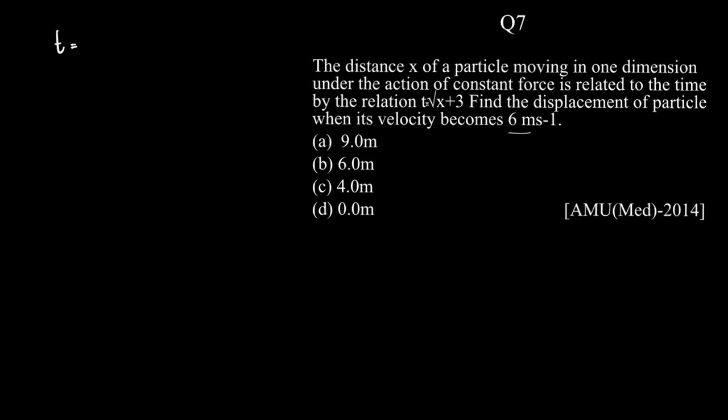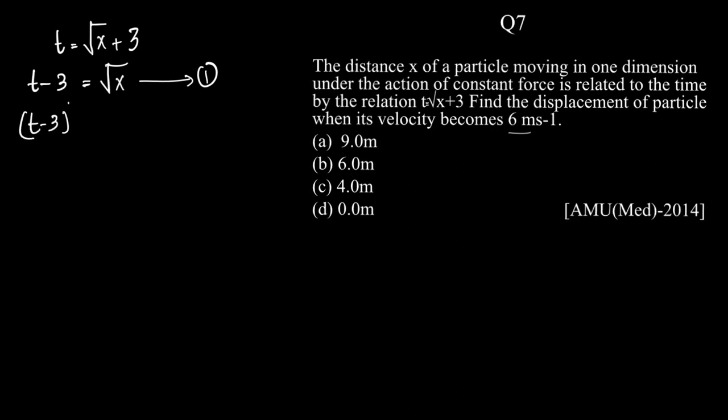T is given to be root of x plus 3, right? In which case, let me express this in terms of root x. So t minus 3 is equal to root x. If I square this equation 1 on both sides, what do I get?